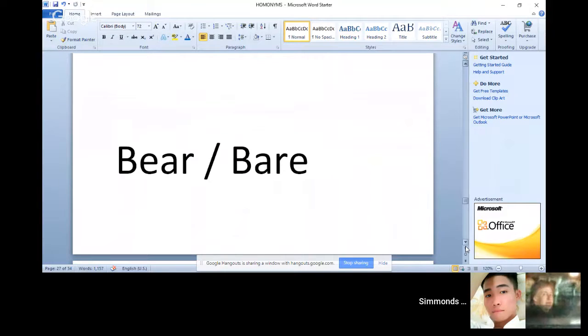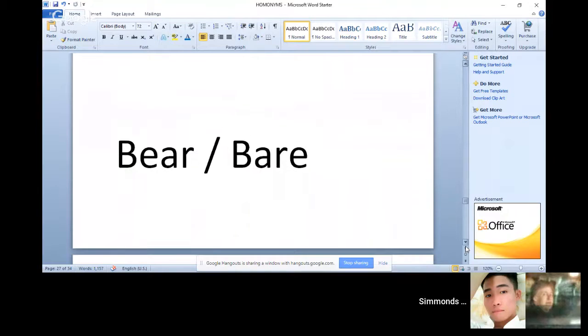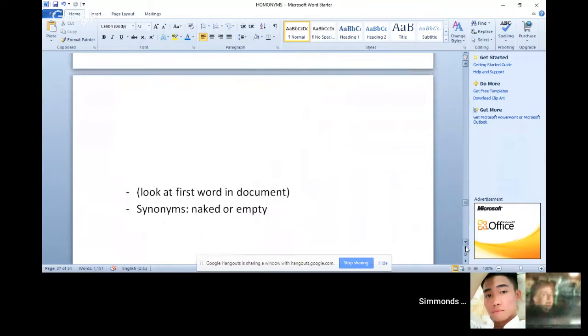Maybe that means when someone is naked. Okay. Bare naked. Yes, you can say that. In that case, so naked or empty depends on the context. And bear, look at the first word in the document.